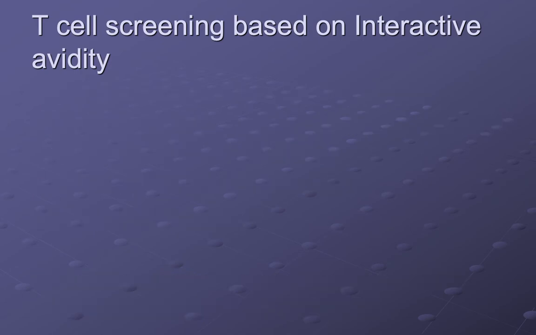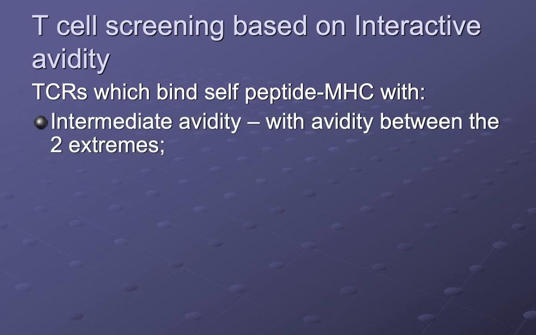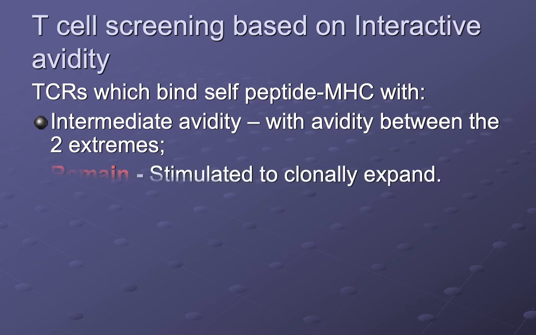Now, lastly, TCRs naman with intermediate avidity, meaning they can be active in a spectrum of different antigen sets or antigen types or antigen combinations. Now, these TCRs are stimulated to start clonal expansion. So they will be kept by the thymus, by the body, and they are cells that we can say have been positively selected.